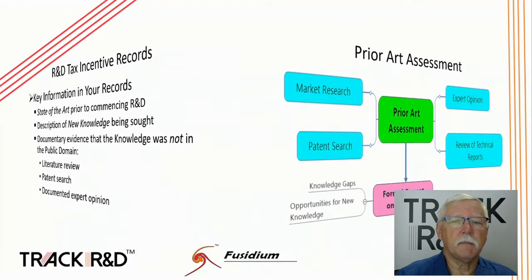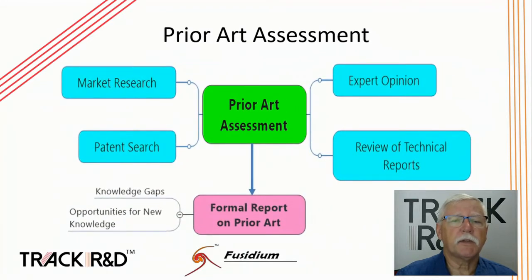The following schematic provides an overview of the type of inputs and outputs with respect to a prior art assessment. These include inputs such as patent searches, expert opinion, review of technical reports, and market research. Now, I use the term market research advisedly.